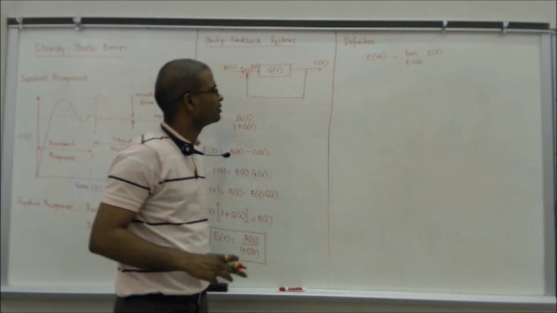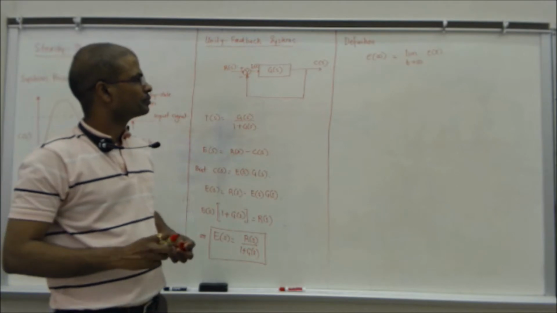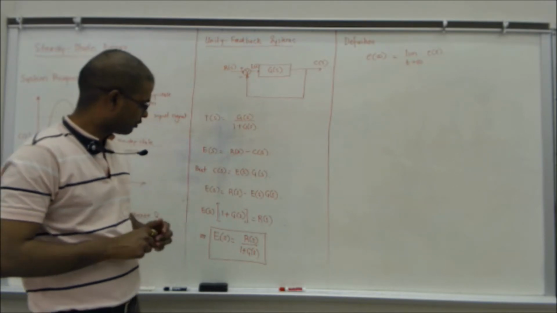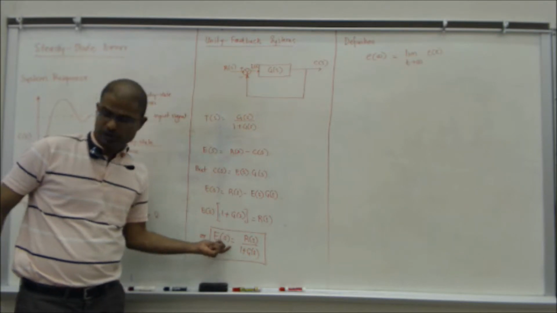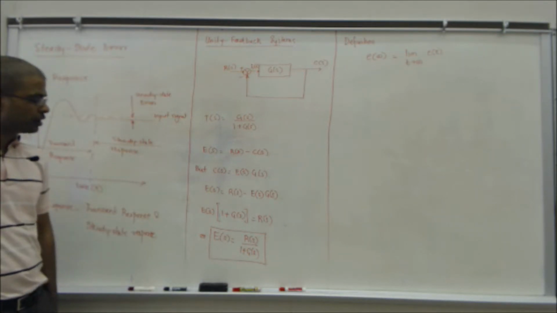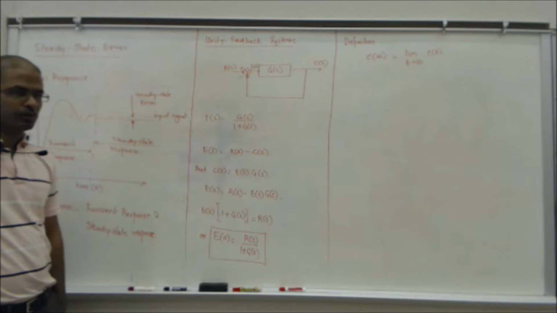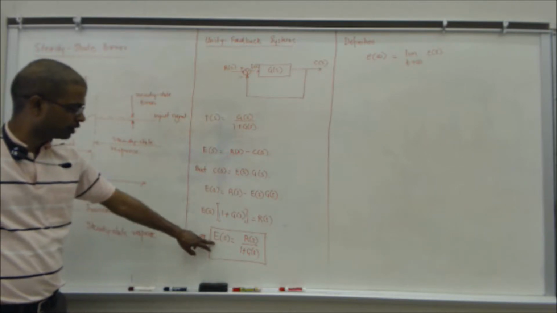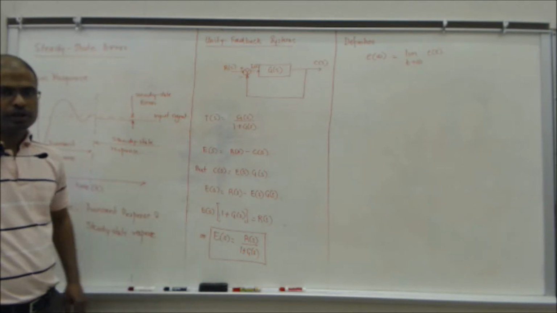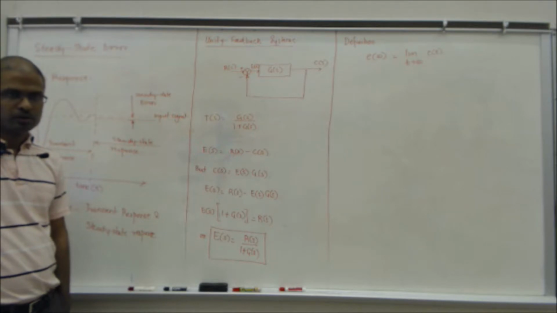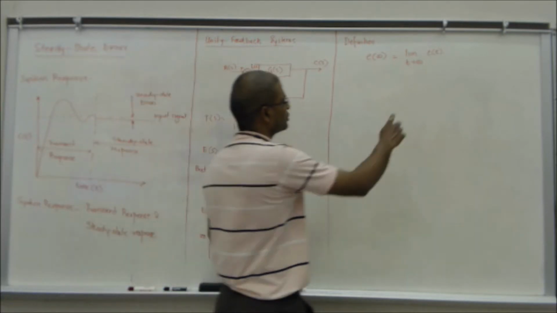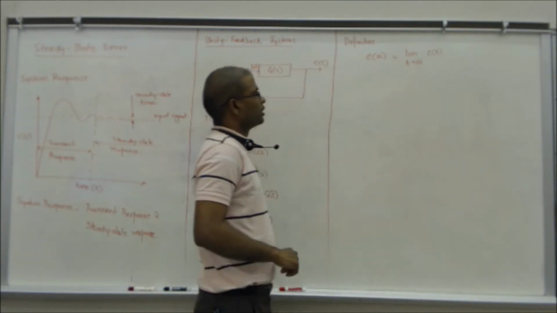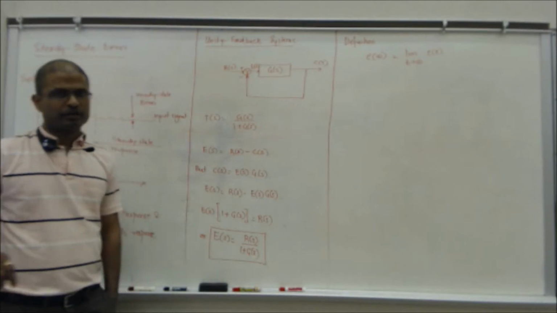Does this make sense? So think about this. This is your E of S, right? E of S is the error signal expressed in terms of the frequency variable or the Laplace variable, right? If you want E of t, you're just going to take the inverse Laplace. You're going to get this E of t. E of t is the error.